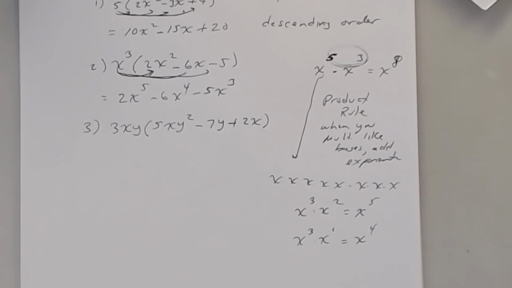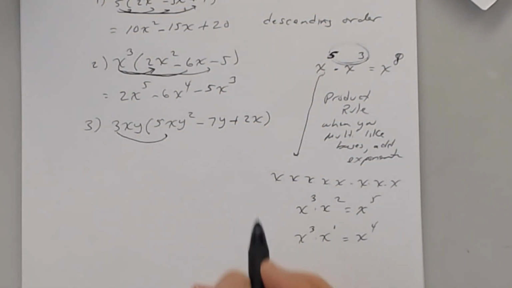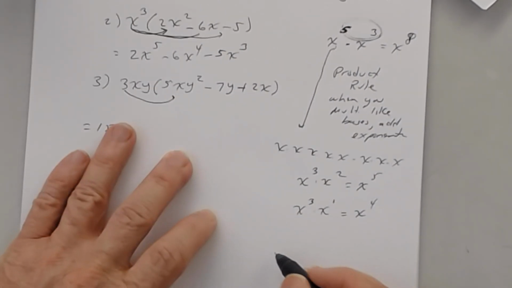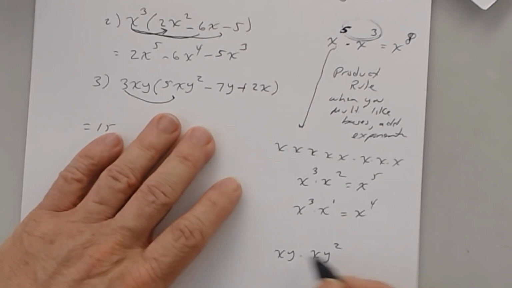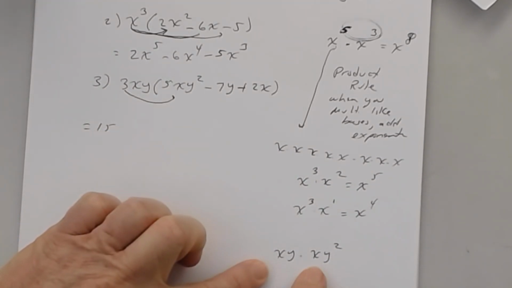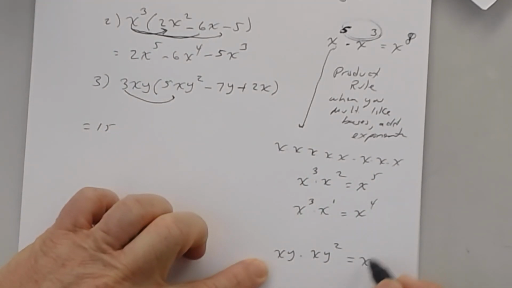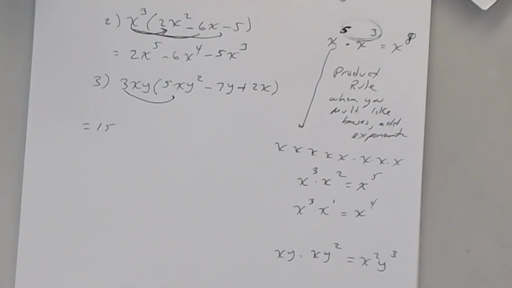So what property are you going to use? Distributive property. All right, let's do the coefficients first. What's 3 times 5? 15. All right, now let's deal with the variables. I have xy times xy squared, right? So again, remember, when you multiply like bases, you add exponents. So x times x is x squared. Y times y squared is y cubed.